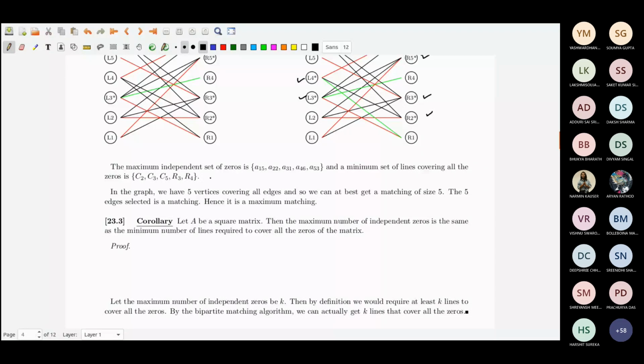Assume that the maximum number of independent zeros is k. Because these are independent zeros, you will require at least k lines. Now I want to say that there is actually a set of k lines which will cover all the zeros of the matrix, and that comes from the algorithm.